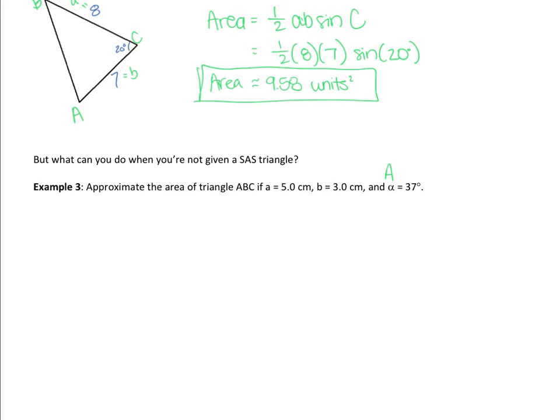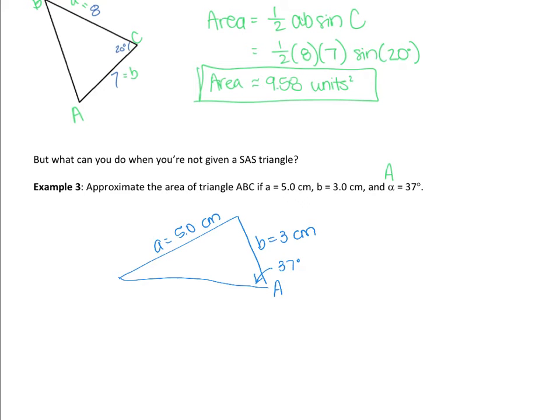All right, so if this is a triangle with those sides, call A 5.0 centimeters, we'll call B 3 centimeters, and then angle A has to be the angle across from side A, and that's going to be 37 degrees.